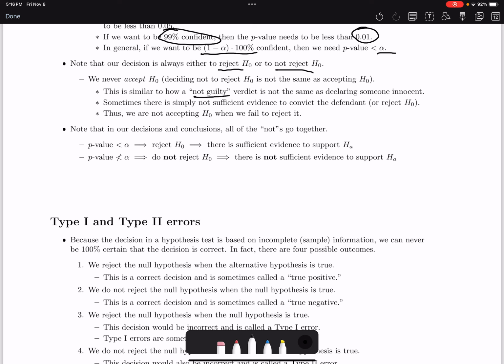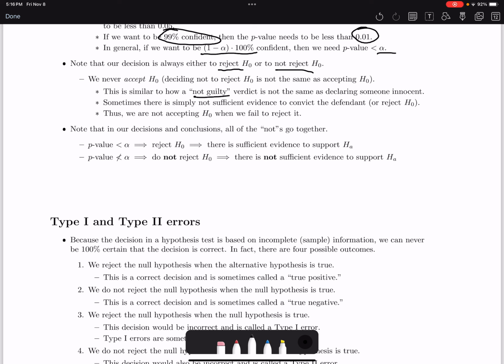And so it may be that they're guilty, but you just don't have enough evidence to convict them. And it's the same way with hypothesis testing, okay? So we're not accepting the null hypothesis whenever we fail to reject it. It's just that we don't have sufficient evidence to reject it. And so that's what we say. That's why we word our conclusions the way that we do.